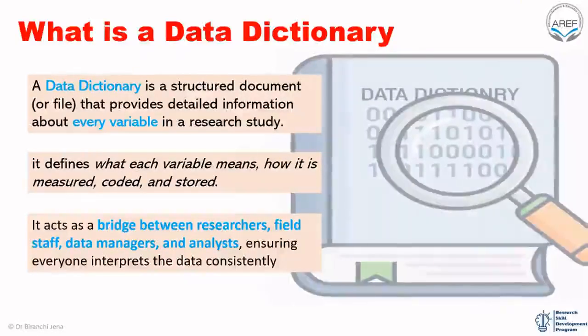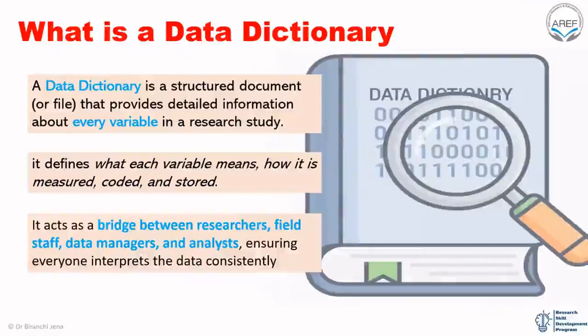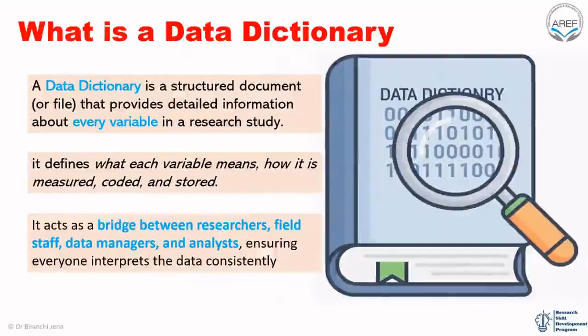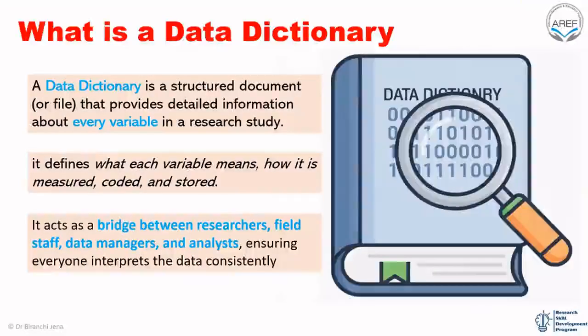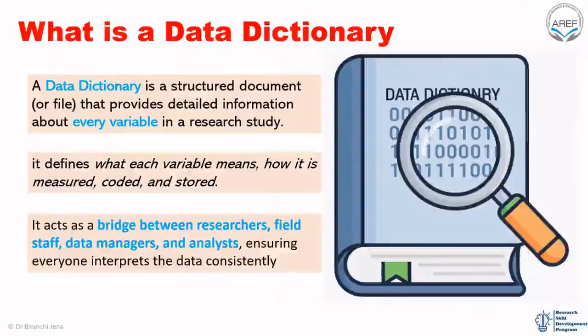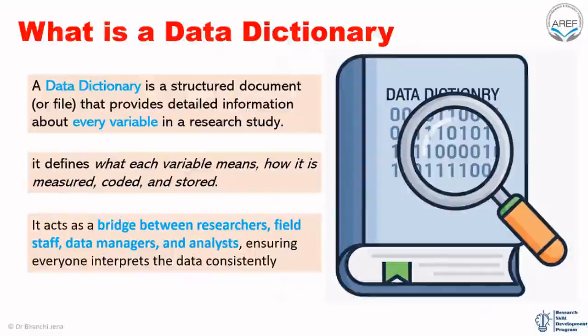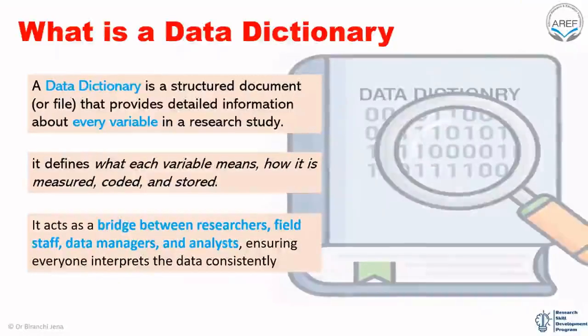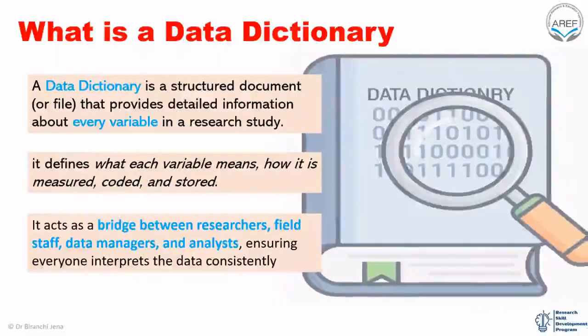Since they will be collecting data and you do not have time to explain everything to them, this data dictionary will be used by them as the reference point. They should know what each item means. If they get stuck while data collection is going on, they may refer to the data dictionary and get the details of what exactly they need to collect.